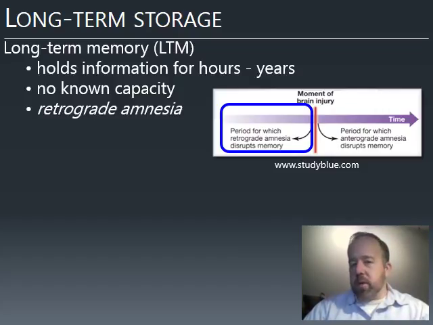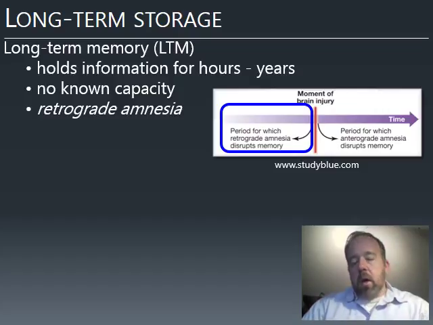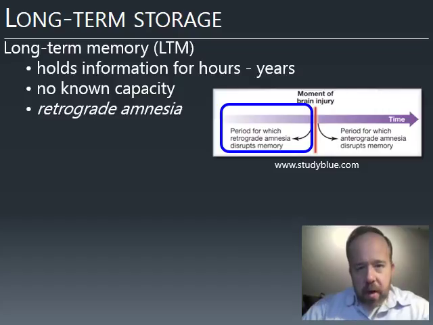Often it's caused by surgery or an accident, some sort of trauma to the brain. And what happens is the individual cannot remember events before the injury. And often it is events shortly before the injury. That's because, due to the injury, information didn't have a chance to get from short-term memory into long-term memory. We'll talk about that in a minute.